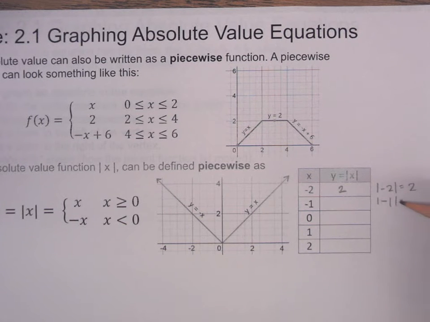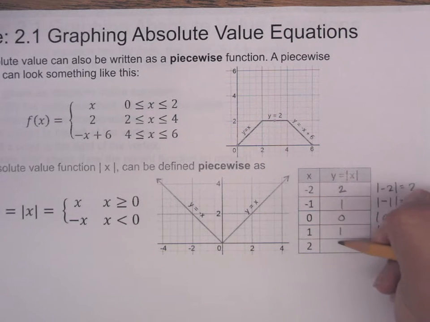Absolute value of -1 becomes a +1. If you take the absolute value of 0, that's going to be 0. Absolute value of +1 is 1. Absolute value of 2 is going to be 2. So just remember, if you have a negative number, it's going to become positive if you have an absolute value.